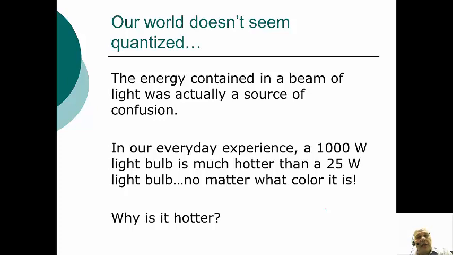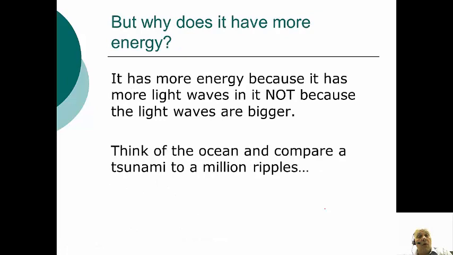But this is not because the photons in the light bulb have more energy. It's because there's more photons. Each photon has a well-defined amount of energy that's related to its color. If you've got more energy of the same color, it's because you have more photons.